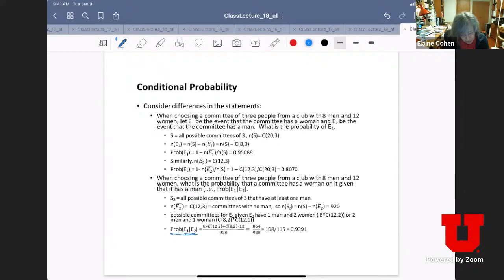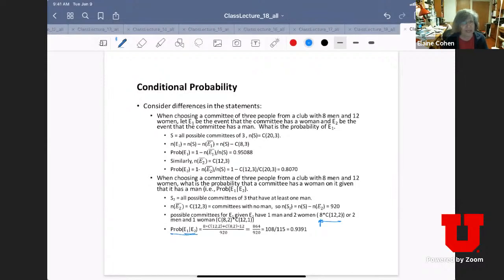Okay. So the possible committees for E1 given E2. So we have to have one man and two women, or two men and one woman. Is there any other possibility? No. So the number of committees with one man and two women, well, the one man could be chosen 8 different ways, and then two women is combinations of 12, 12 choose 2. Two men and one woman is 8 choose 2 times 12 choose 1, or 12.